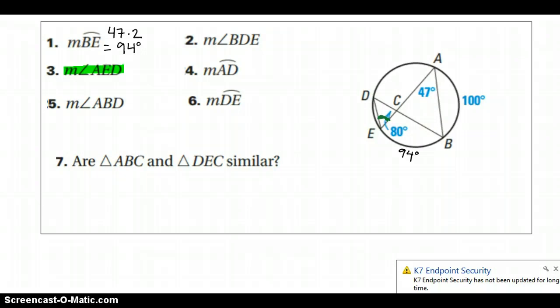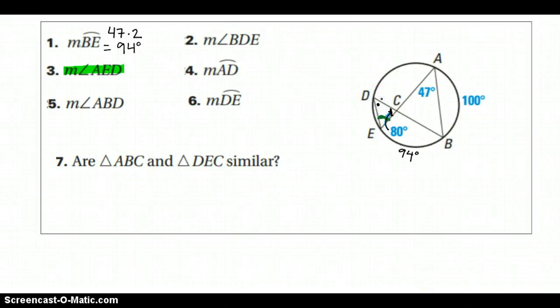Well, we know that this angle in here is 80 degrees. Oh, I skipped number 2. Let's do 2 first. BED, this angle is related to this intercepted arc. We know it has to be half the measure of the arc. So 94 divided by 2 will give us this angle is also 47 degrees.